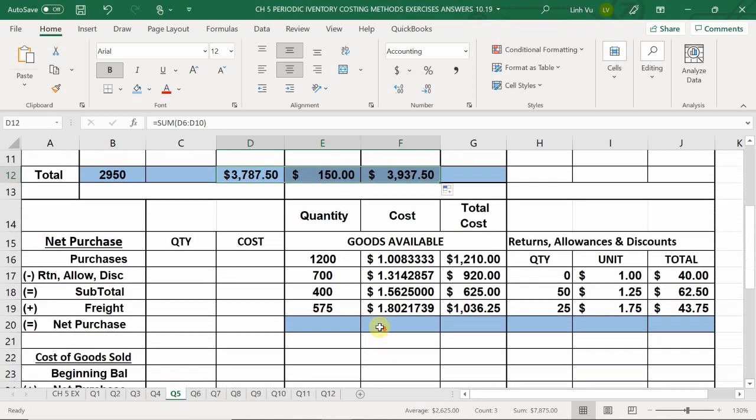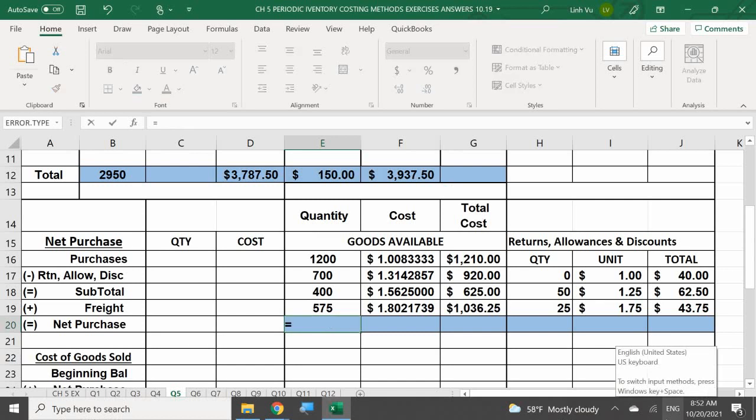Good. Okay. What is my total goods available?